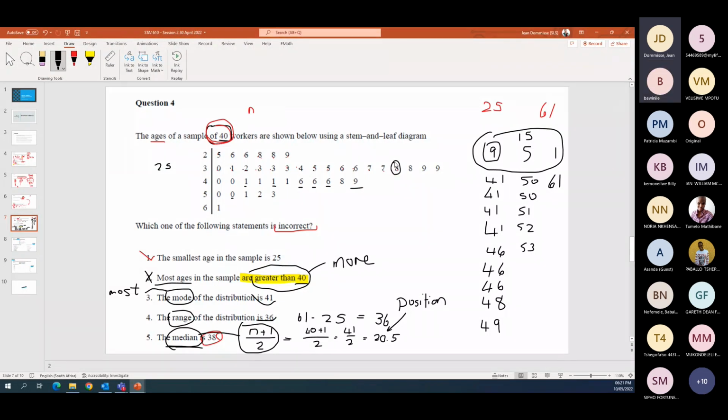Okay, so that 38 is my 20th number. So I know then the next number is my median. And in this instance, it was also 38. By fluke, 38 also, so it's not always the same number, the next one. In this instance, it was just also 38.